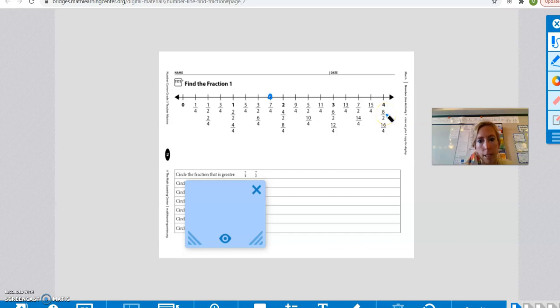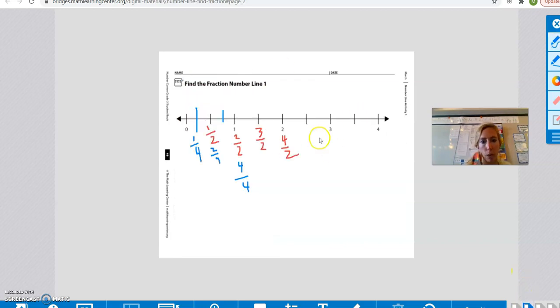And then they did not mark 7 halves. 5 halves, 6 halves. Oh, there it is, 7 halves. Right? 7 halves, and then I can tell that 7 halves is greater than 7/4 by making use of a number line. So you're trying to find those fractions and compare them after you guys have labeled them in there.